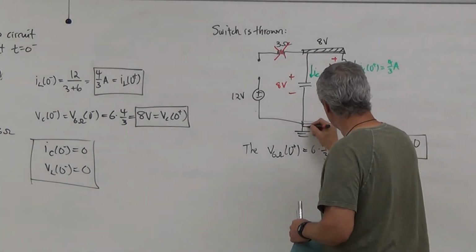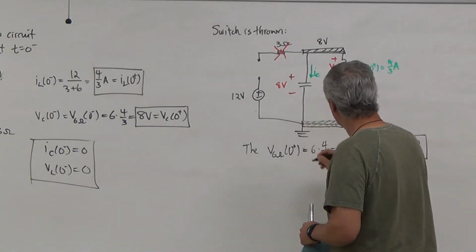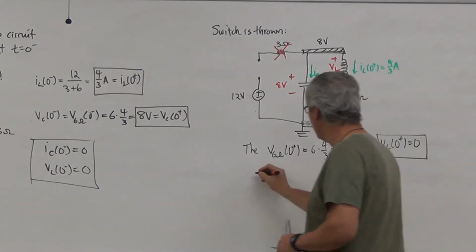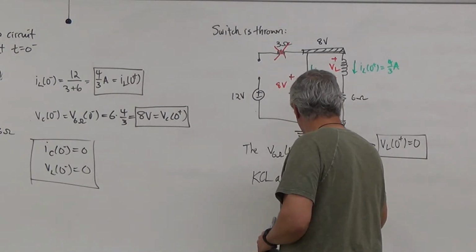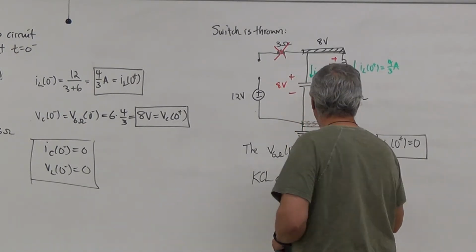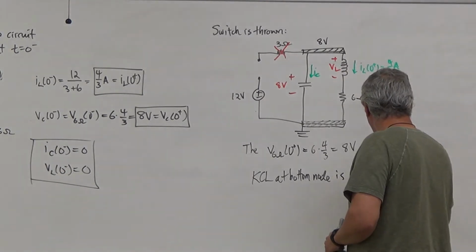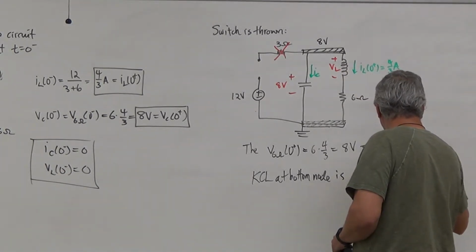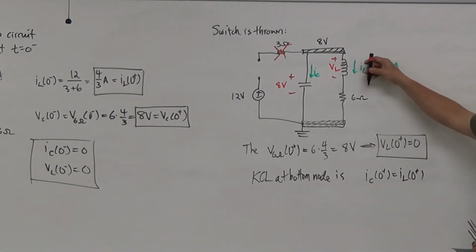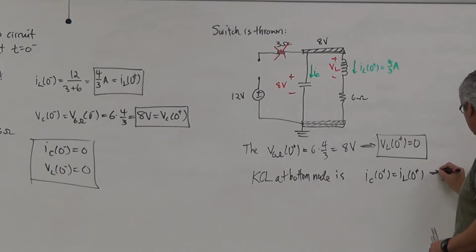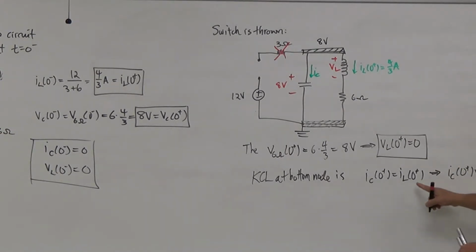So let's draw another node here just to make you happy. And you can see here, KCL at the bottom node is what? IC at 0 plus equals IL at 0 plus. We know this current is going this way, so this implies that the current of C must be minus IL of 0, so it's got to be 4/3 amps.